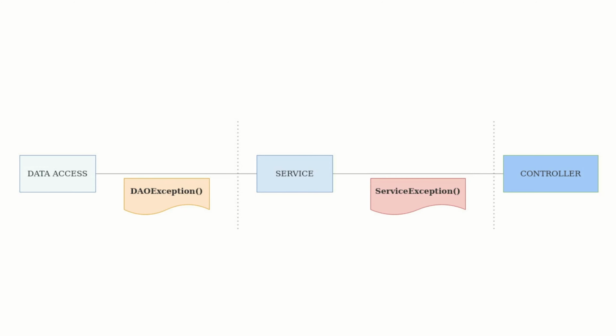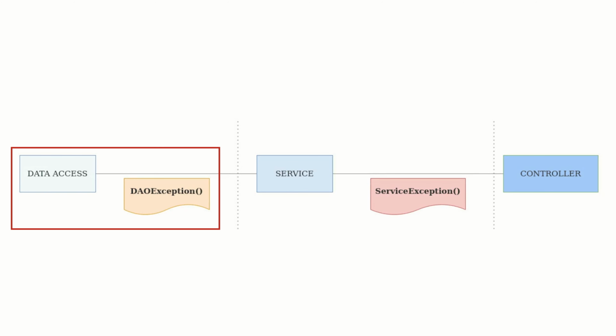So let's dive through details of this particular implementation. As per this implementation, I have defined DAO exception and service exception as layer specific exceptions. DAO exception is basically encapsulating data access related exceptions into a single class.